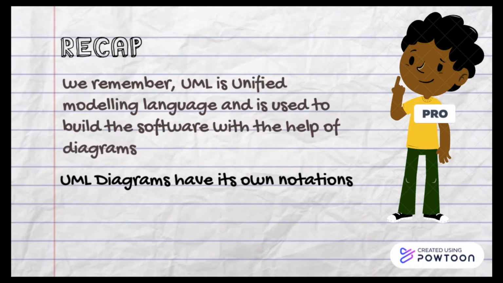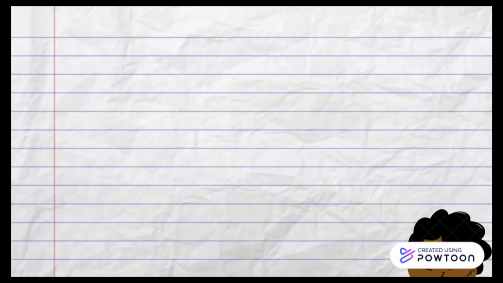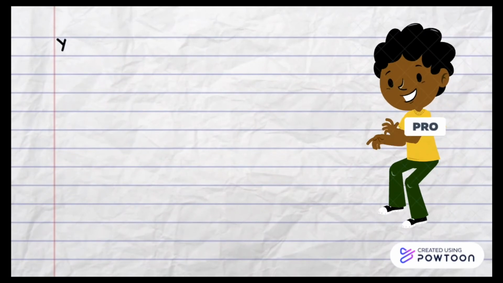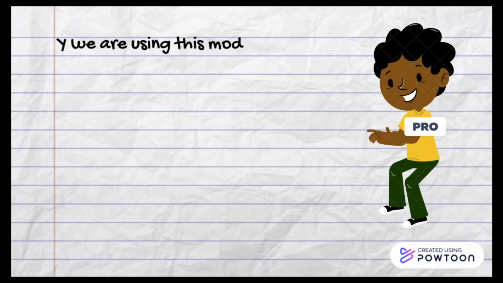Now we slowly move to the next topic, history of UML. Why are we using this modeling language? We should be familiar with why we are using this modeling language, or diagrammatical representation.